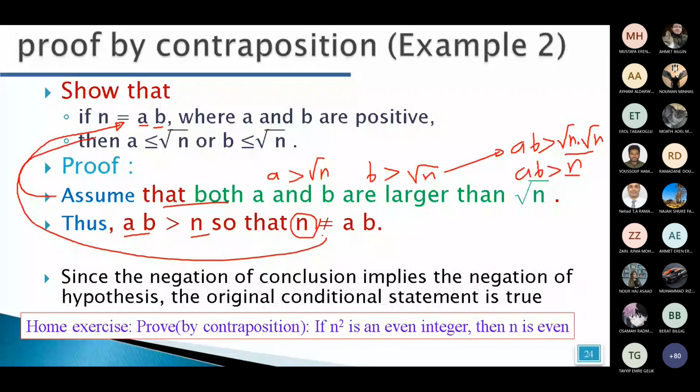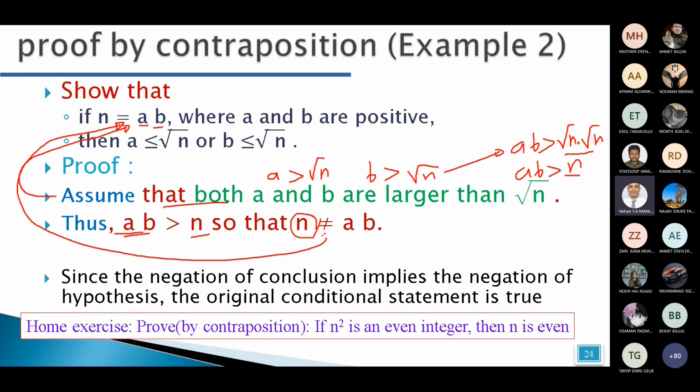Look, the opposite of this: we said that n equals ab. We need to get its opposite. We said that ab is greater than n. Okay, 5 is greater than 2. This means 5 is not equal to 2. ab is greater than n.